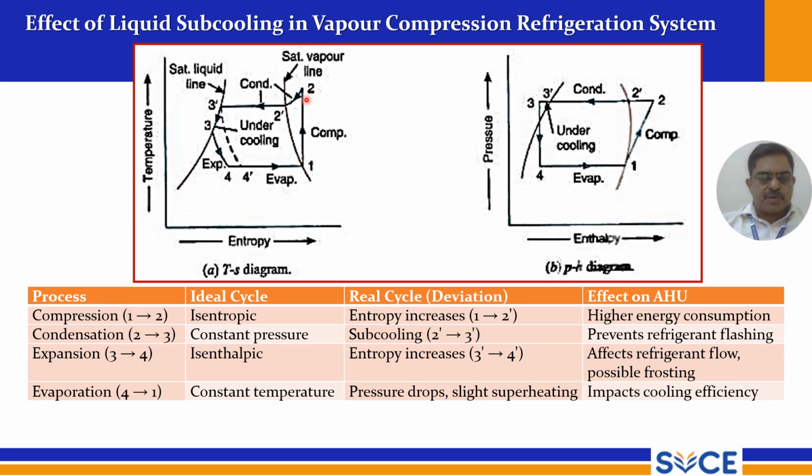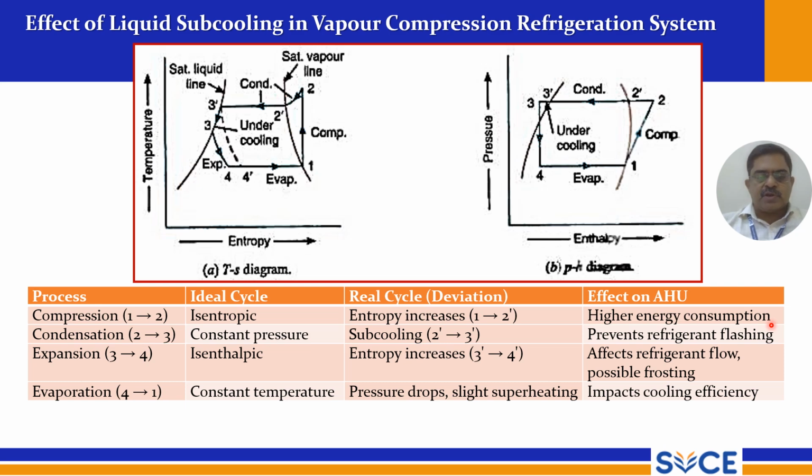In the ideal cycle it is actually an isentropic process. But in real, entropy increases from 1 to 2 dash.